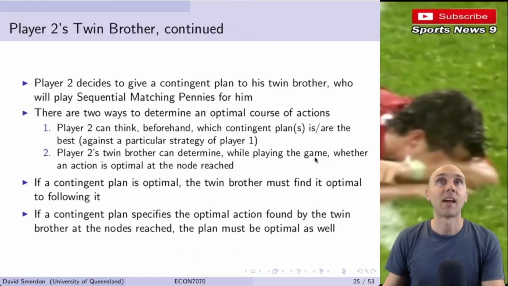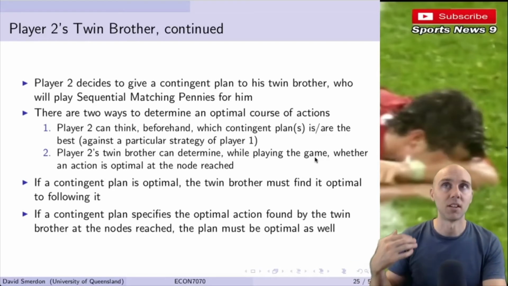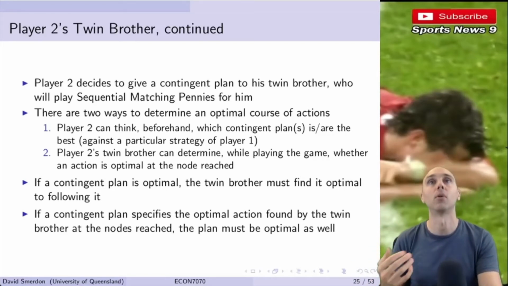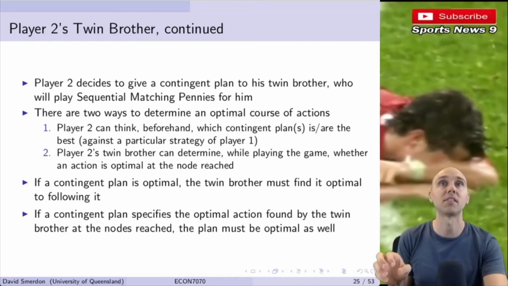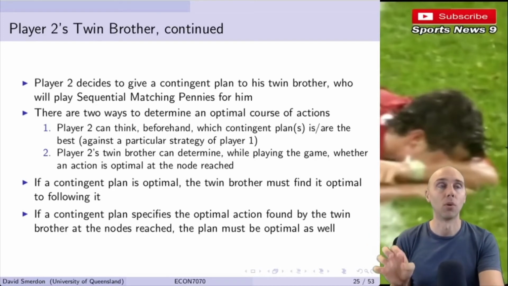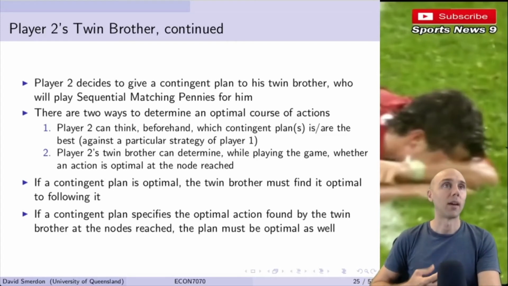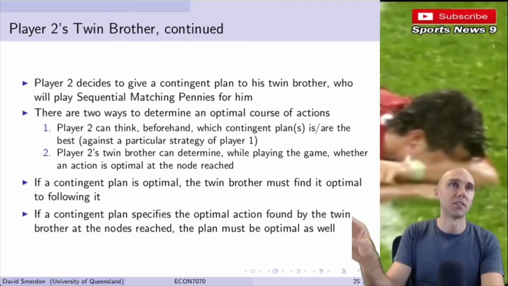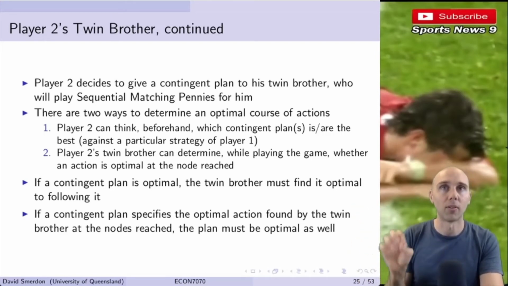So let's say now that player 2 decides to give a contingent plan to his twin brother, who will play sequential matching pennies for him. There are 2 ways to determine an optimal course of action. Player 2 can think beforehand, okay, what are the best sets of instructions or contingent plans against this particular strategy of player 1? And I'll write those down.